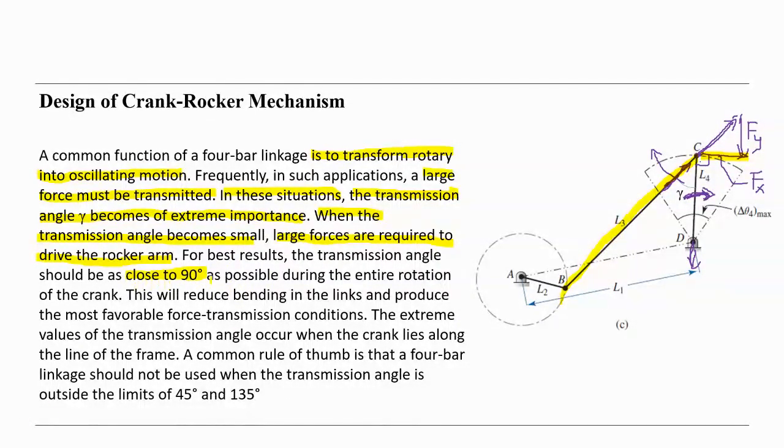So it should be as close to 90 degrees as possible during the rotation. But during the rotation, since the position is changing, we cannot expect a constant gamma angle. It is not constant, because of the motion of the links.